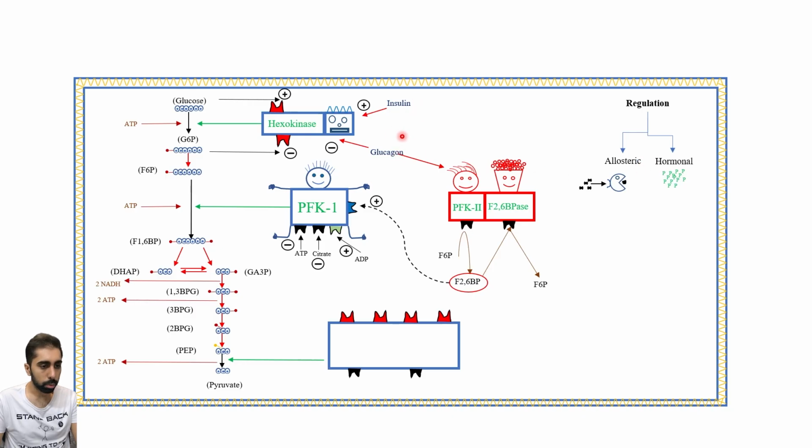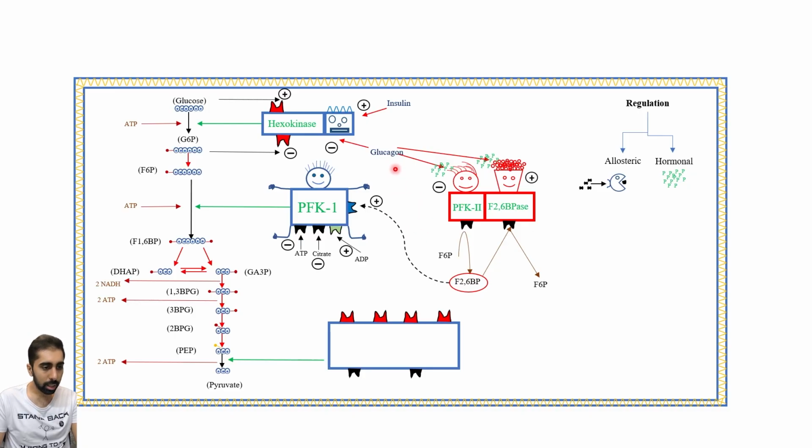Hormonally, we have two hormones, right? Insulin and glucagon. Insulin can do its act on both of these enzymes. It can add phosphate to both of these enzymes. When PFK2 receives these phosphate, it will be inhibited. When glucagon acts on PFK2 and when PFK2 receives phosphate groups, it will be inhibited.